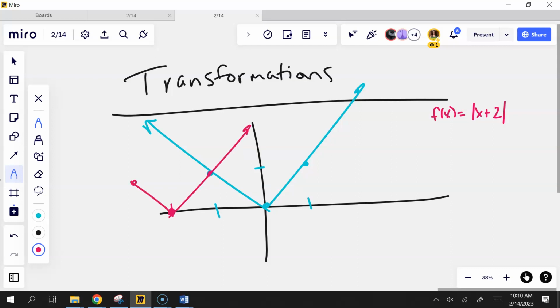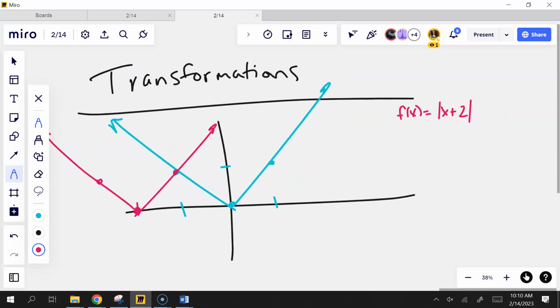What has happened between the blue graph and the red? It just shifted over, right? Every single point has just shifted which way? How many? 2 spaces. Okay. That's what's happened. Does everybody see that? What if I changed it to x minus 2?